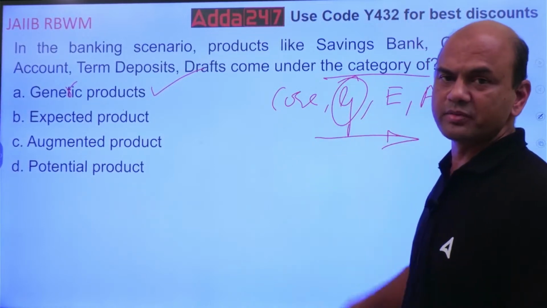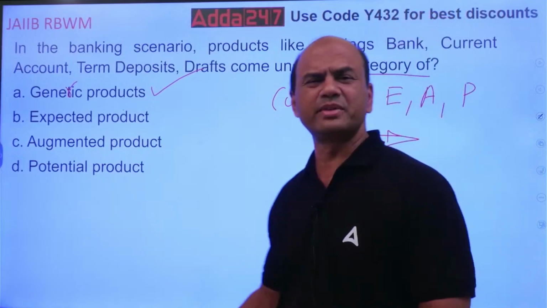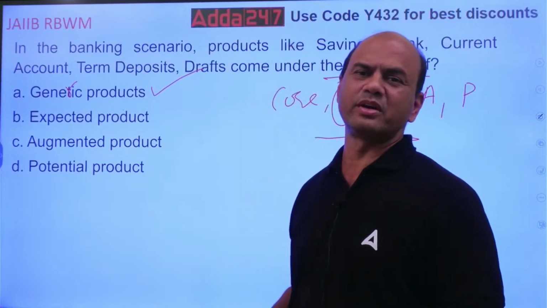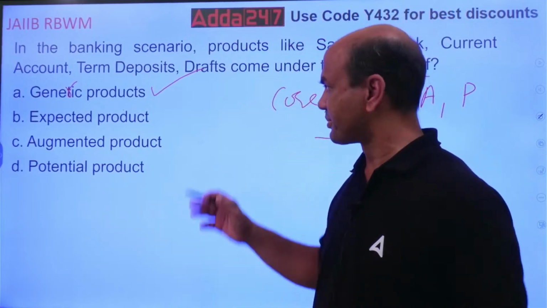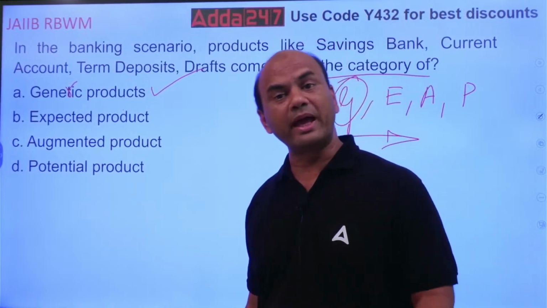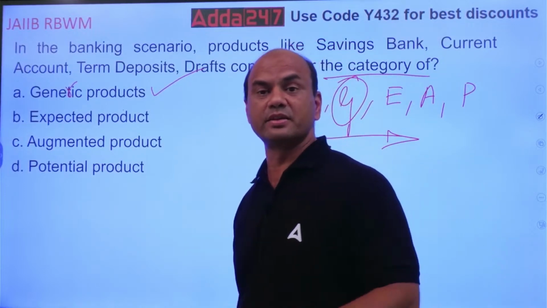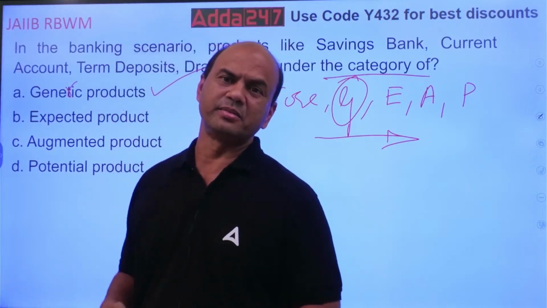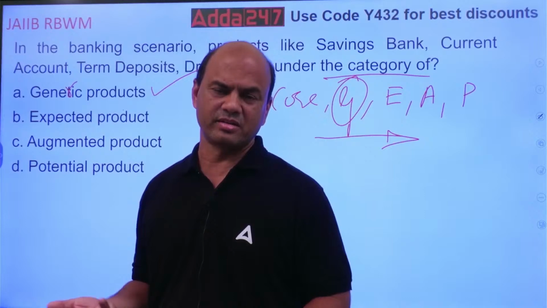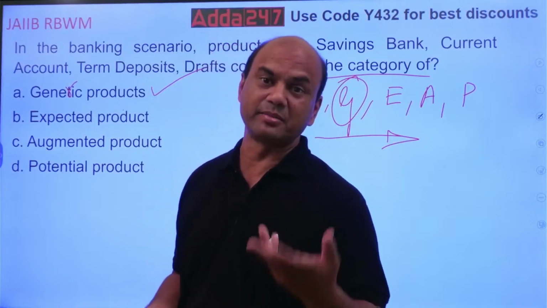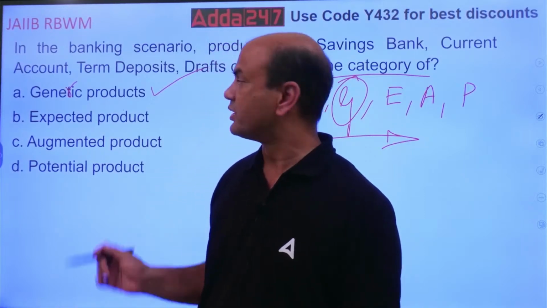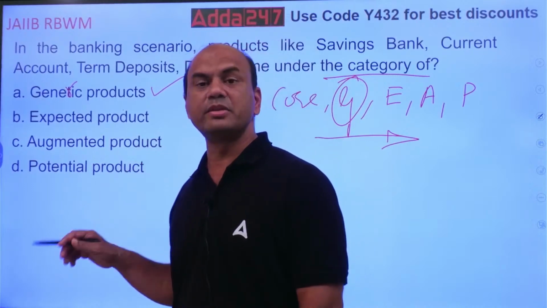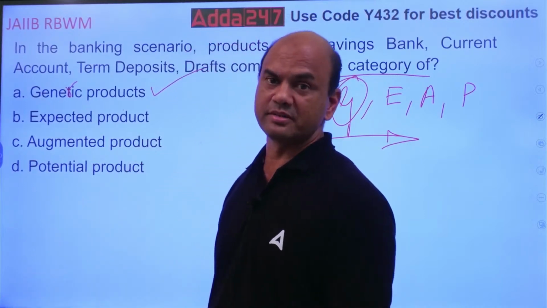People expect something additional, like UPI, faster transfers. Augmented means the bank gives additional services: some health insurance free, a 1 lakh cash withdrawal limit, platinum cards and all. And potential means future, AI, blockchain.